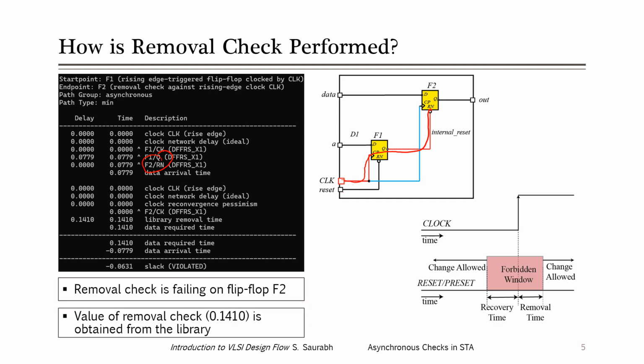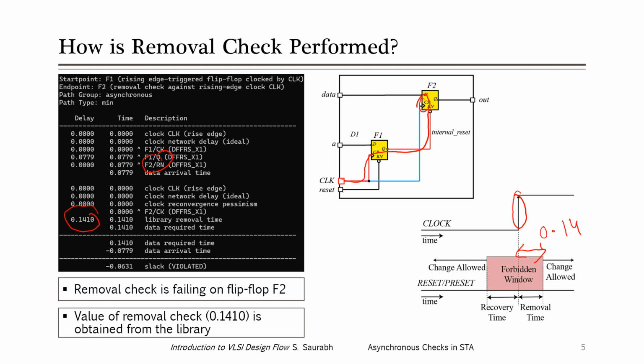library, which is 0.1410. So if this is the clock edge and this is the removal time, that is 0.14, then the reset signal that arrives at F2 should come after 0.14.